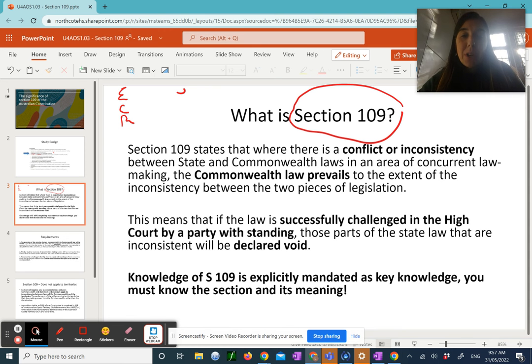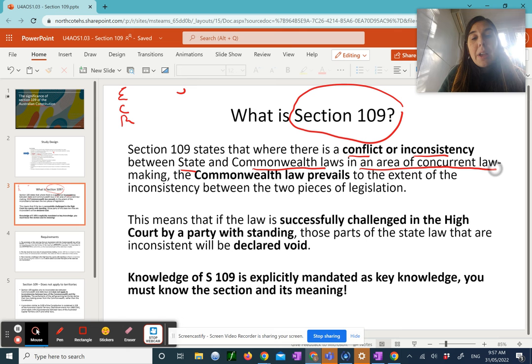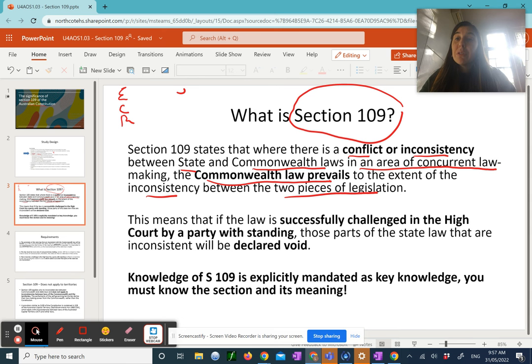So how? Well, Section 109 states that if there is a conflict or inconsistency between state and Commonwealth laws in an area of concurrent lawmaking powers, then Commonwealth law will prevail to the extent of the inconsistency between the two pieces of legislation. We know that in concurrent law, both state and federal governments can make laws in the same area.